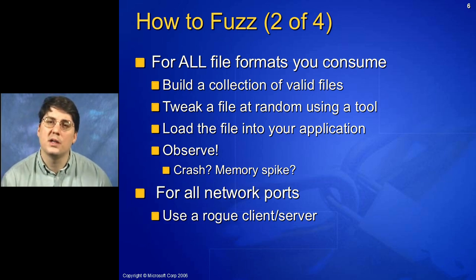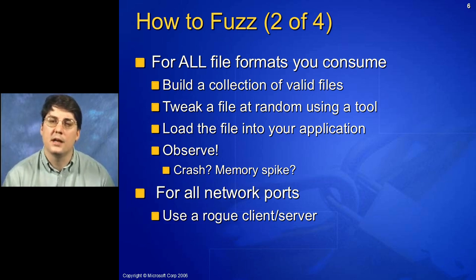So always incorporate some degree of randomness in your fuzzing, but you will certainly find that in order to achieve the code coverage numbers you want, you will have to make selected changes to files to exercise a block that might not get exercised through random chance alone. Then load the file into your application, that is, load the malformed file into your application, and observe what happens.